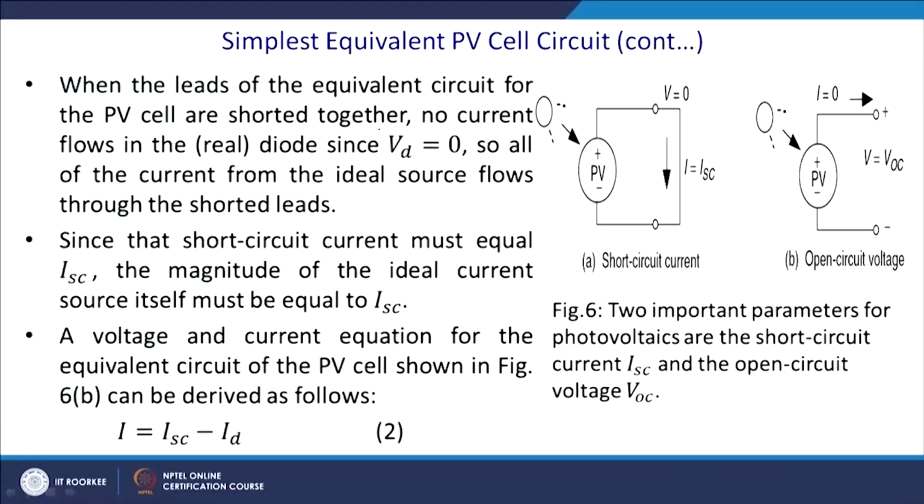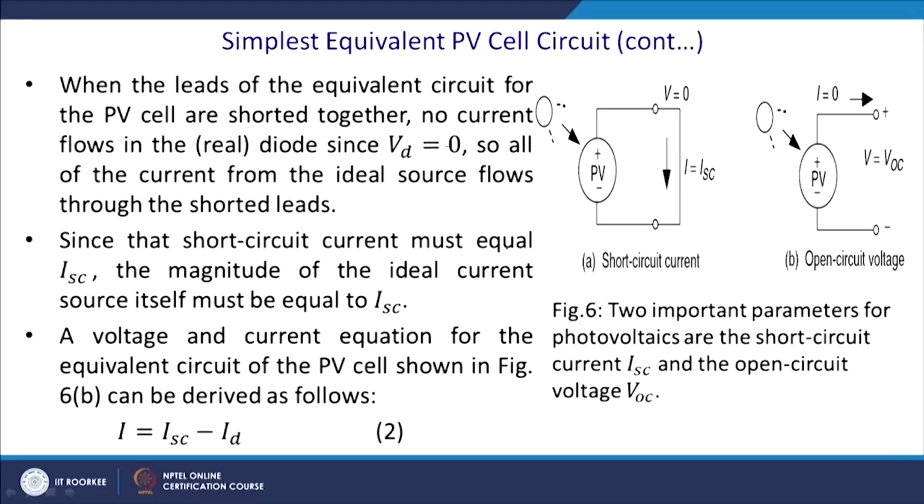When the leads of the equivalent circuit for the PV cell are shorted together, no current flows in the real diode since V_d equals 0. So, all the current from the ideal source flows through the shorted leads.